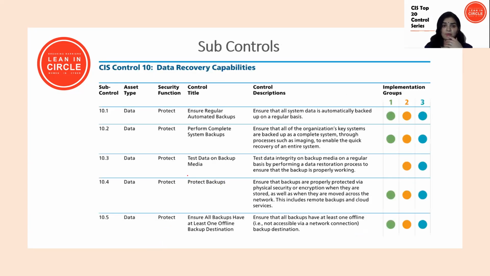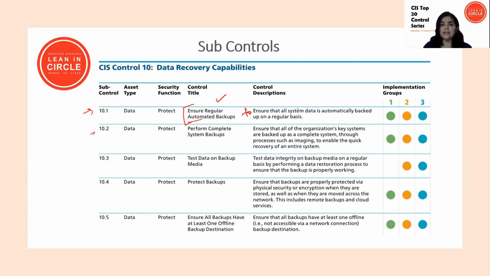If we look at the sub-controls, these are the 5 important sub-controls in data recovery capability. First is ensuring regular automated backups. I'm sure everybody agrees with this, because automated backups are required. If we rely on a human process, maybe a human can miss something. So it is important to have automated backups to ensure that all system data is automatically backed up on a regular basis.